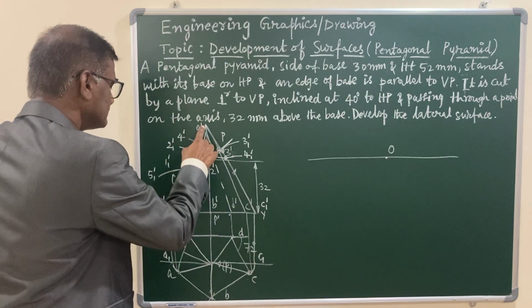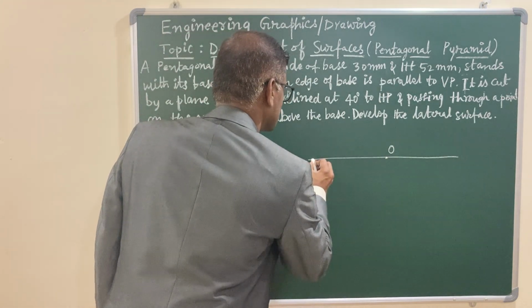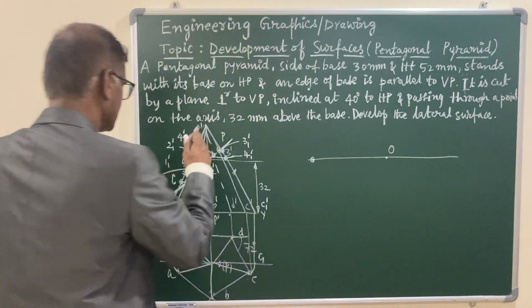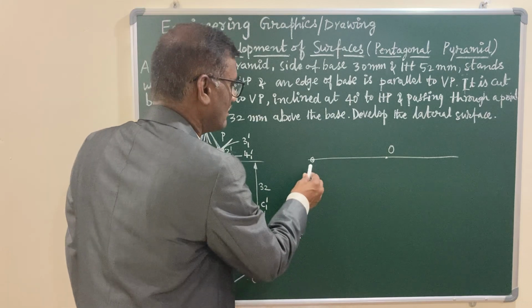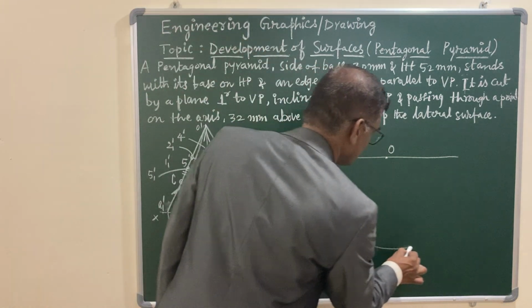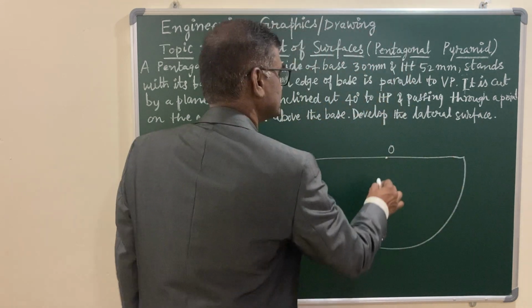O prime A1 prime as radius, with the help of compass, locate this point, right? And draw a semicircle.